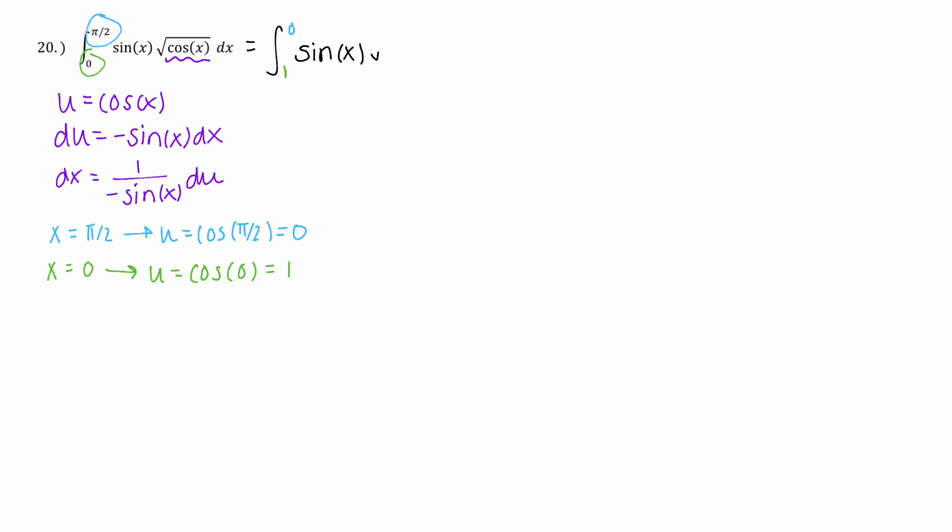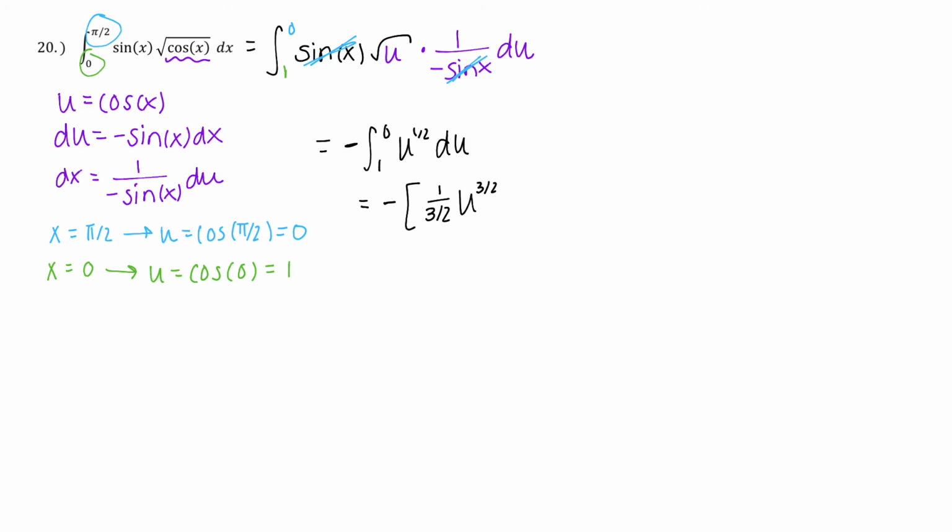So then we have sine x, square root of u, times 1 over negative sine x du. These sine x's will cancel, and I will take this negative and I'm going to put him out front. So this will be negative integral from 1 to 0, u to the 1/2 du. So integrating, this will be 1 over 3/2 u to the 3/2, evaluated from 1 to 0. 1 over 3/2 is 2/3, and I'm just going to pull that outside.